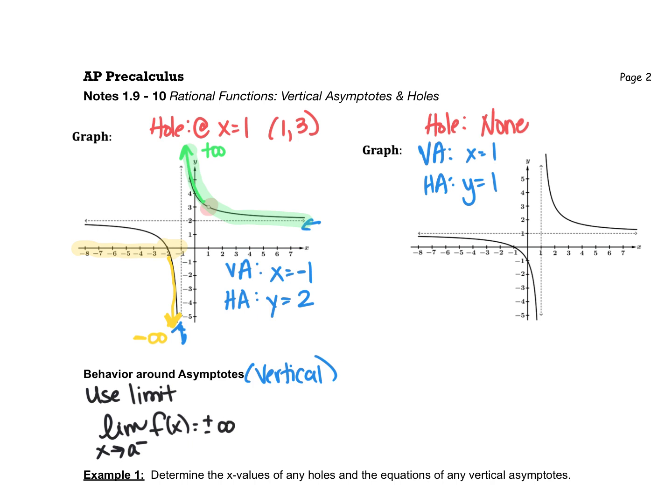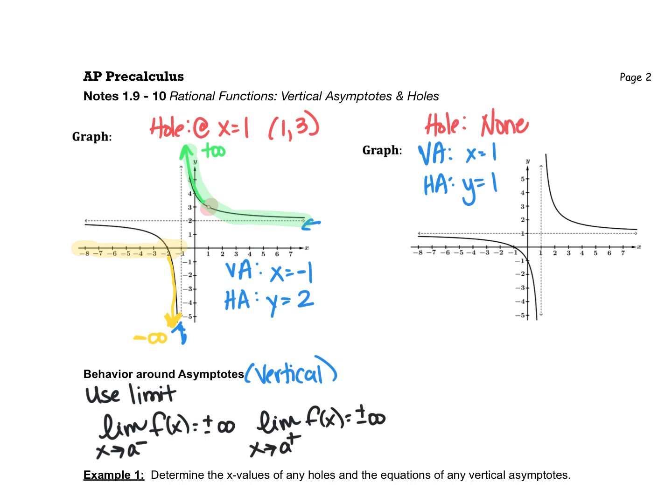So if I come at it from the left, which way does my graph point, up or down? Likewise, the limit as x approaches a from the right. In other words, if I come towards the asymptote on the right-hand side of my function, what's it getting close to? Positive or negative infinity, okay? So we can describe behavior around a vertical asymptote using a limit.